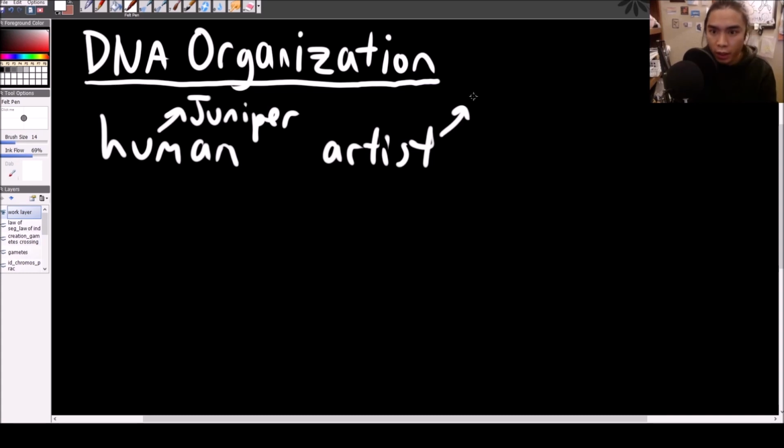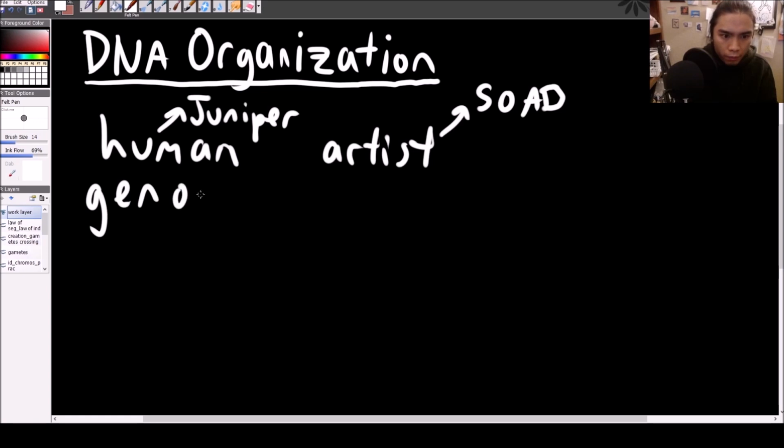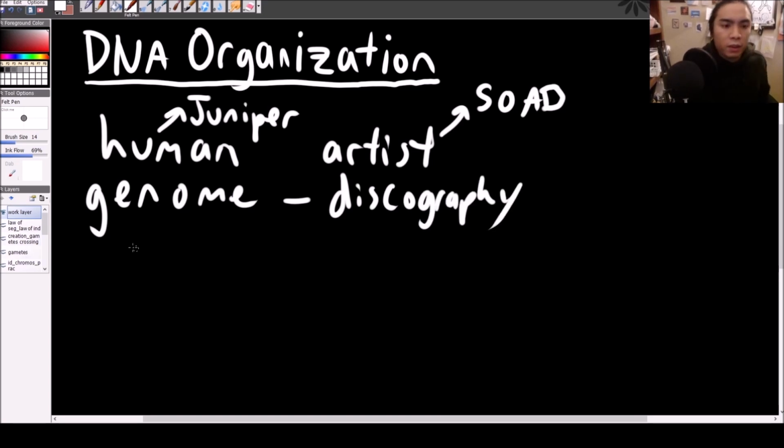And then for the artist, I like the band System of a Down. Okay, so let's look at a human's genome, or Juniper's genome, and let's compare that to an artist's discography. So the genome is a complete set of all Juniper's genes, and for System of a Down, it would be their complete discography, like all the music that they have produced.